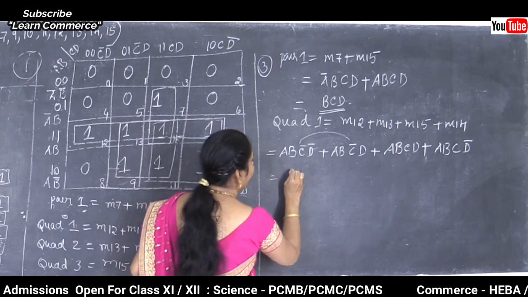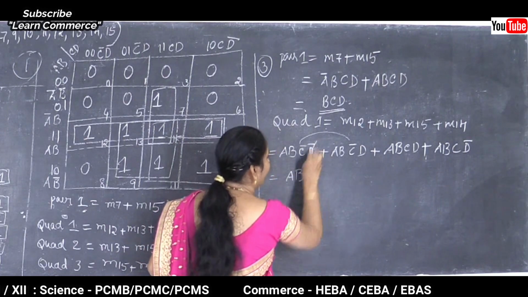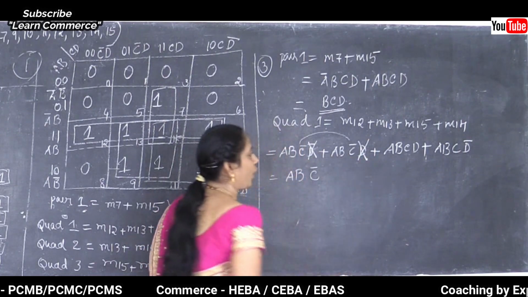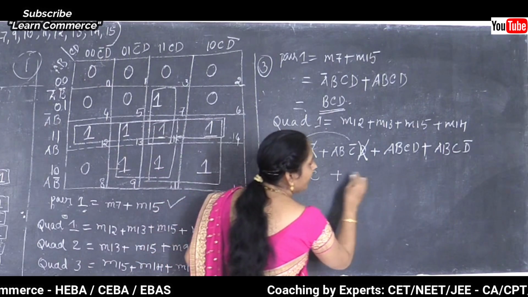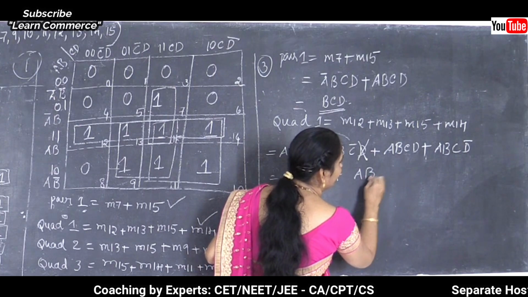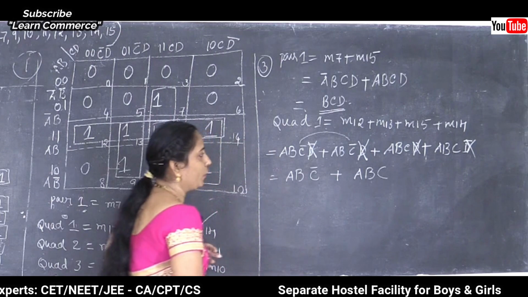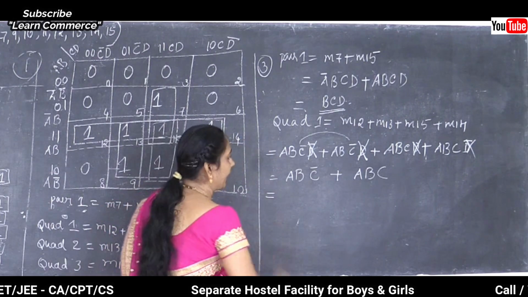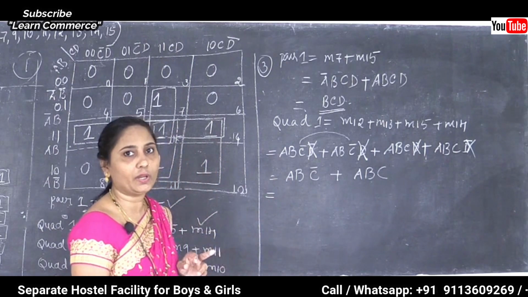After that I am going to make the comparison in between the values. The value is A, B, no changes, complement C, but when you are going to think about complement D and D, we need to remove the variable, plus after that A, B also no changes, C, and here also we need to remove the D and complement D, and later again we need to make the comparison. We know that the quad removes how many variables?